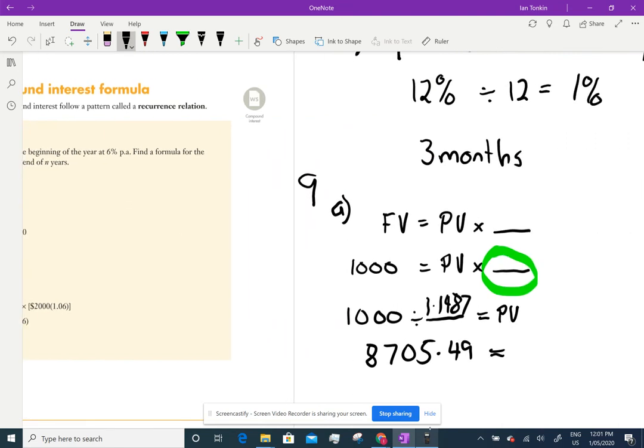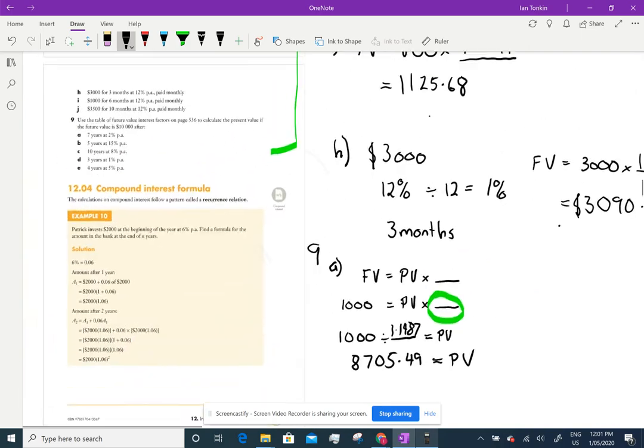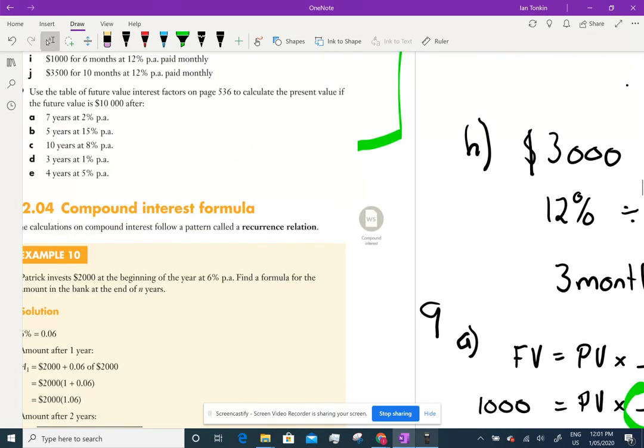So what is that? That's the value you need to invest. That's how much you need to invest with an interest rate of 2% so that it becomes $10,000 in 7 years. And all of these are similar.